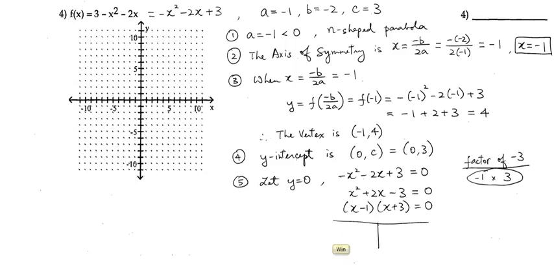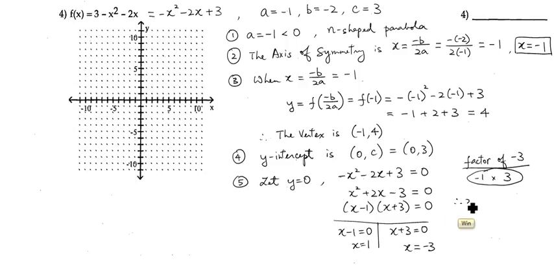So solve for x. I will have x equals 1 or x equals negative 3. But remember to state your x-intercept clearly. The x-intercept is not x equals 1, is not x equals negative 3.